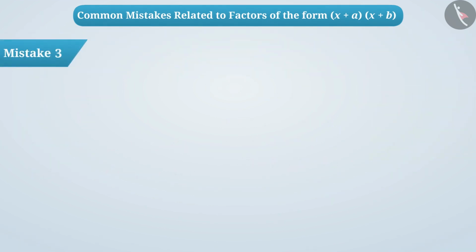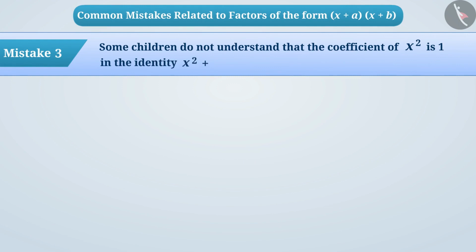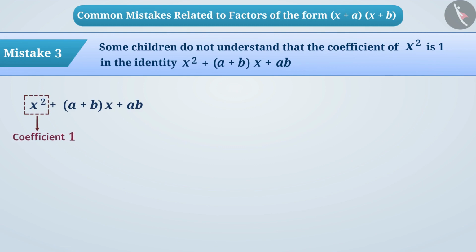Mistake 3. Some children do not understand that the coefficient of x² is 1 in the identity x² + (a + b)x + ab. So we can use this identity only if the coefficient of x² is 1.